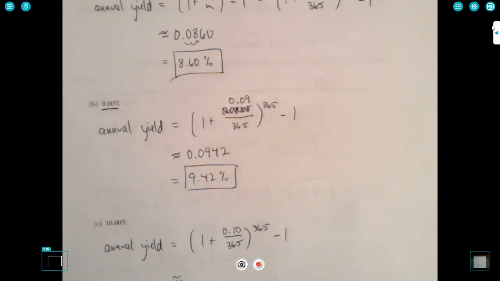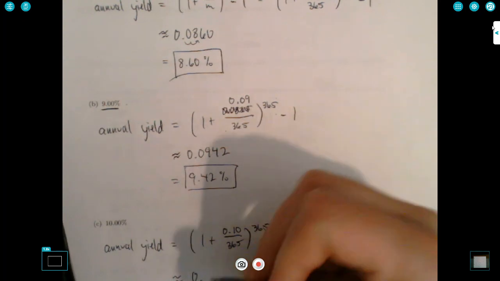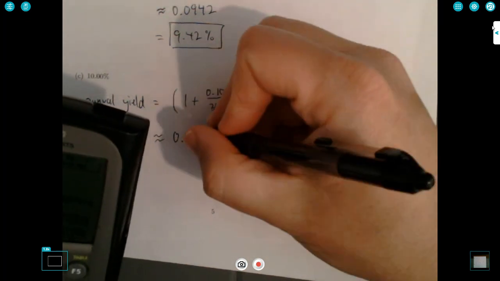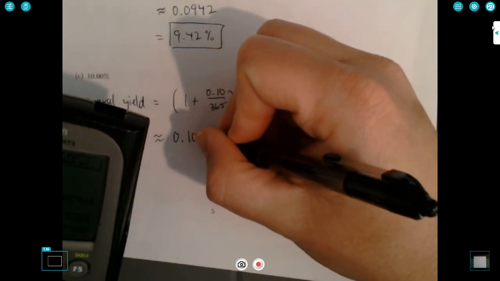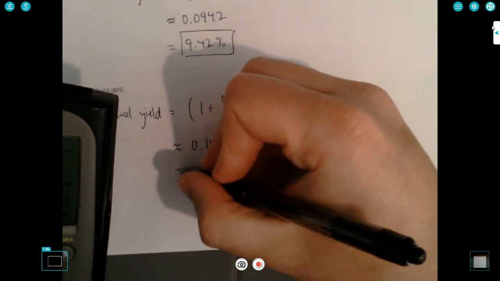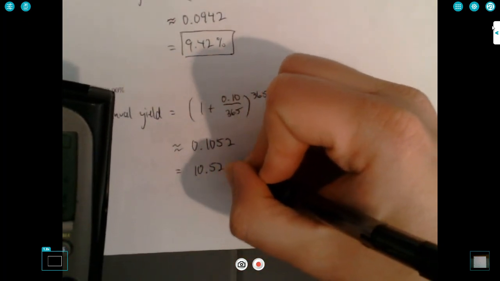So (1 + 0.1/365)^365 - 1 is about 0.1052 or so, and that's 10.52%.